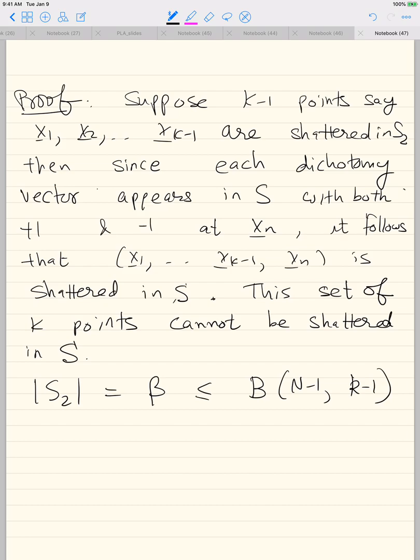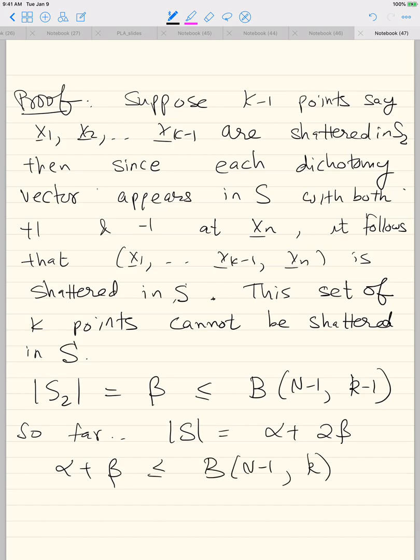So what we have shown so far, the size of S is alpha plus 2 beta. We showed that alpha plus beta is less than b of n minus 1 comma k. This was claim 1.